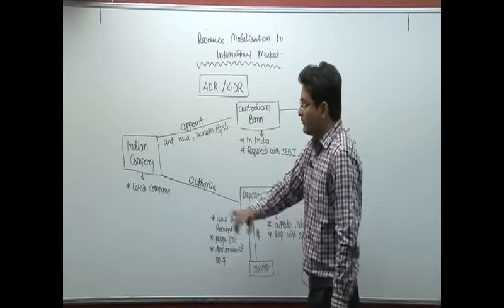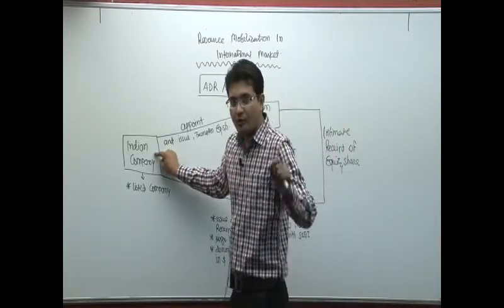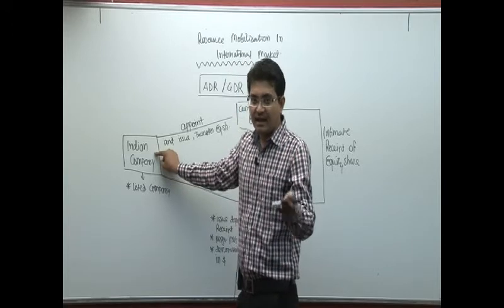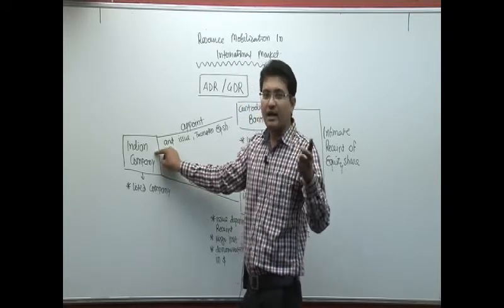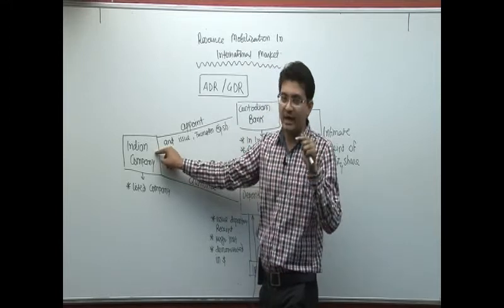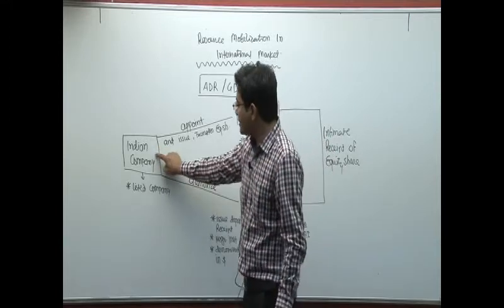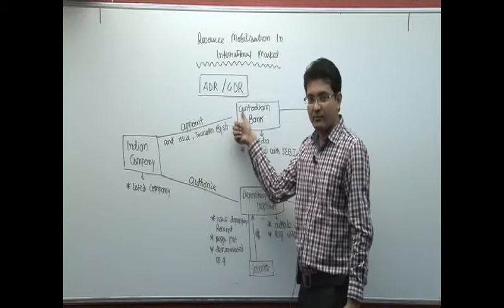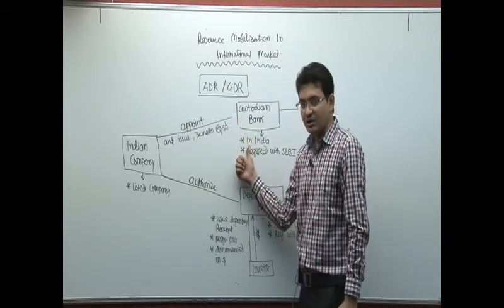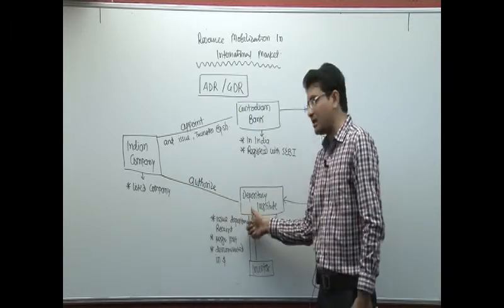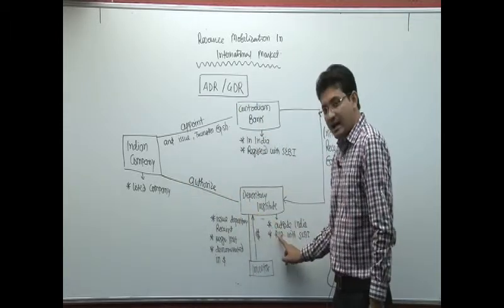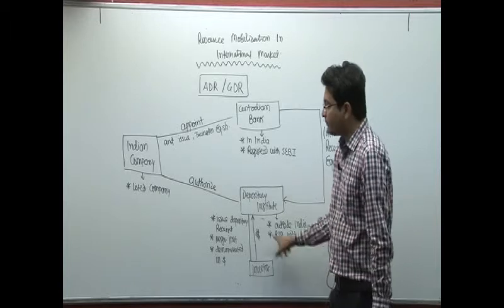In brief, friends, the Indian listed company wants to raise finance from outside India. So in order to raise the equity capital in the form of ADR and GDR, the Indian company appoints the custodian bank in India registered with the SEBI. The Indian company will authorize the depository institution outside India registered with the SEBI.